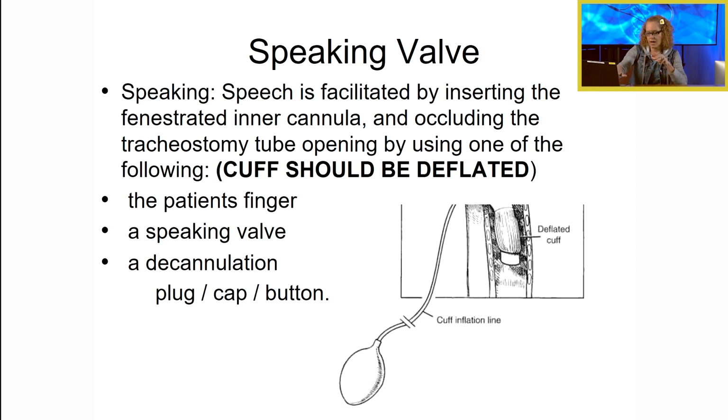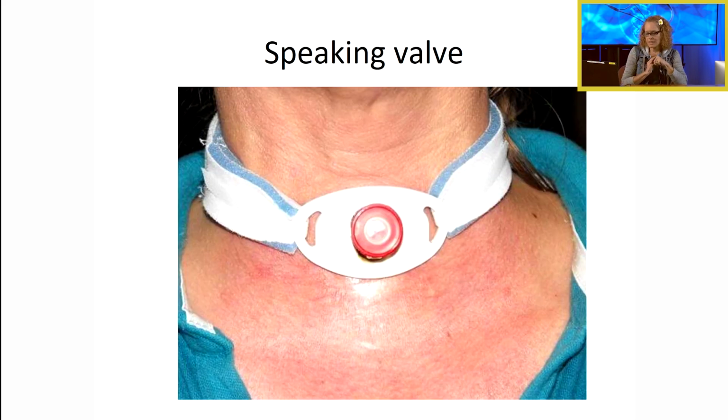And that is going to be the best way for the patient to be able then to start speaking. The cuff should be deflated, and then they need to plug that trach in order to speak. So this is what a speaking valve looks like. You can see the flange is still in place. You can see that the trach ties are still in place.